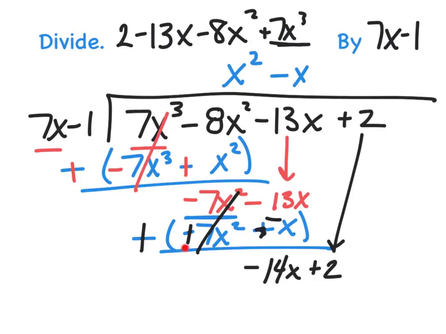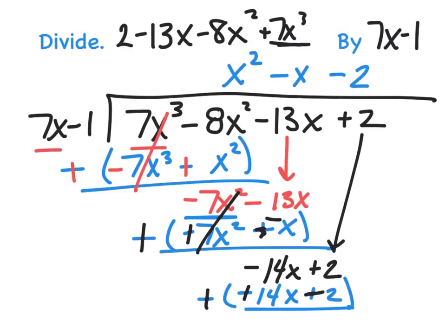Put my minus sign out, changed my signs, and I ended up with negative 14x, brought down my 2. And lastly, I'm going to multiply by a negative 2, so it would get me a negative 14x plus 2. And when I wrap that up and put my minus sign out front, I'm going to change this to addition, change those signs, I get a remainder of 0. Woohoo! So again, that just tells me that the factors of this polynomial are 7x minus 1 and x squared minus x minus 2.